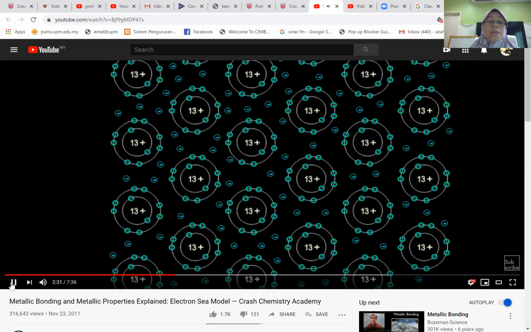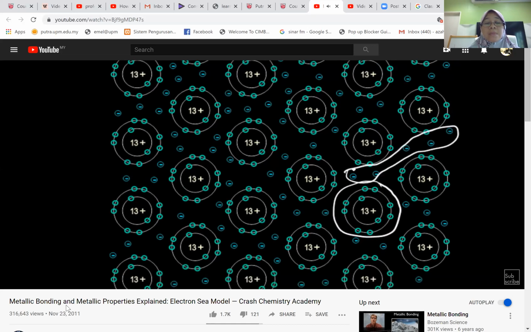So what's holding the crystal together? They share a sea of electrons from the valence electrons of each aluminum atom. What holds the crystal together is the electrostatic attraction between the positively charged cations and these free-floating negatively charged electrons.